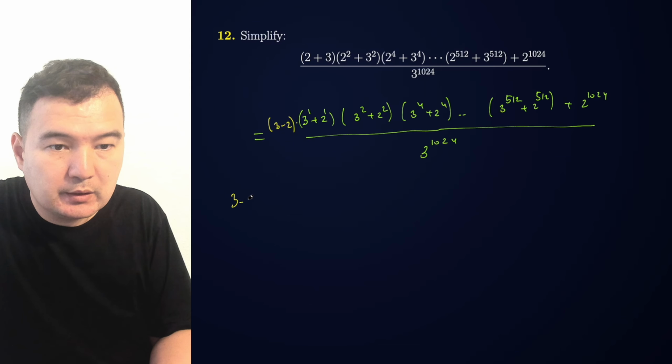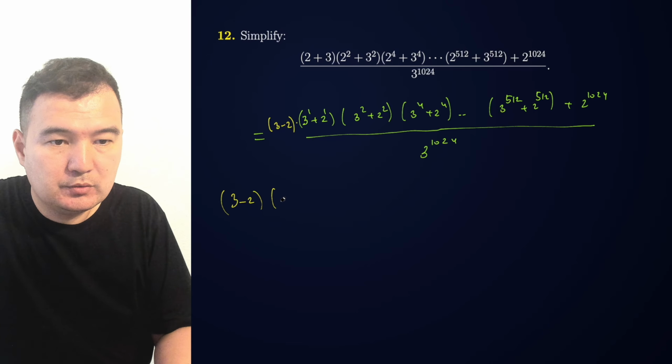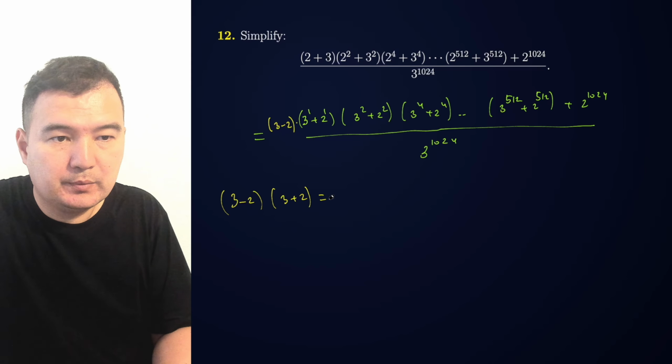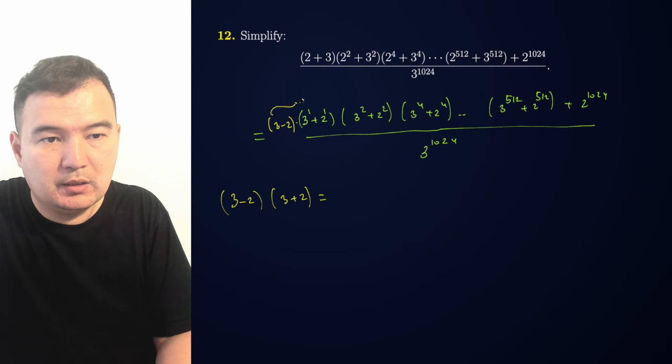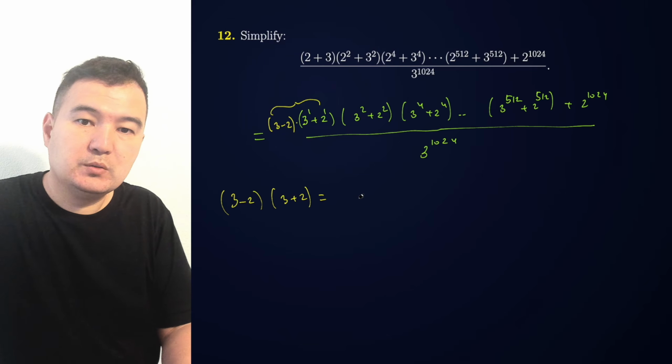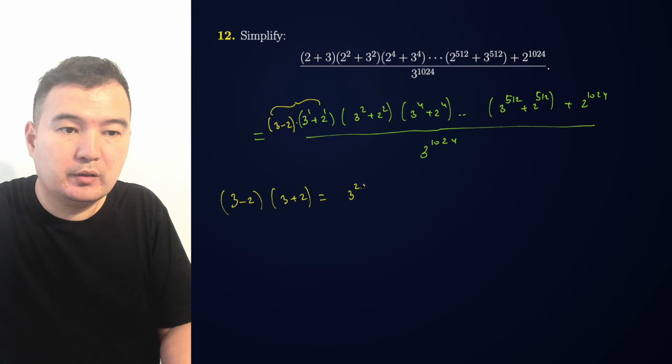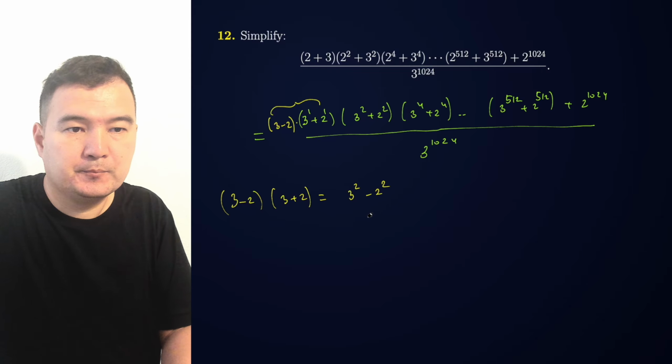So 3 minus 2 by 3 plus 2. For the first two, if I use the a square minus b square formula, it's 3 square minus 2 square, right?